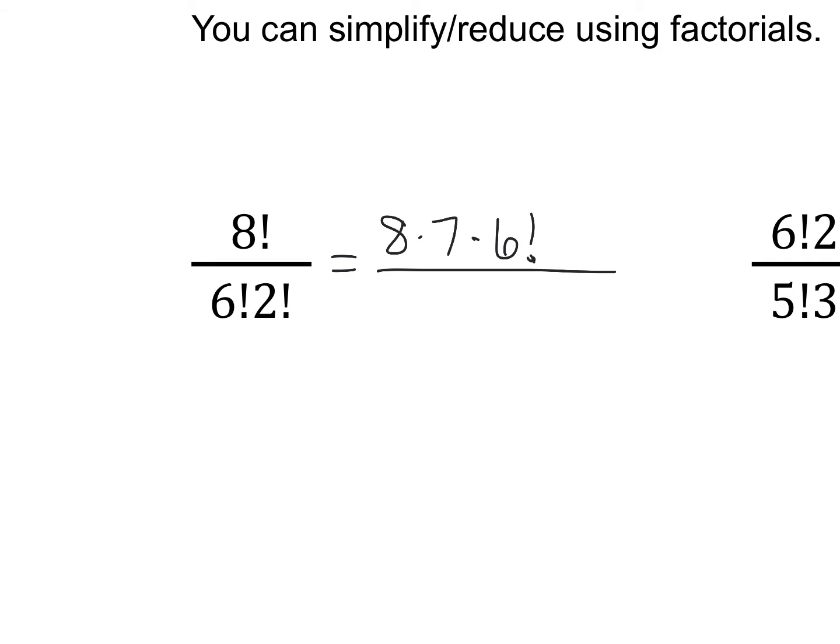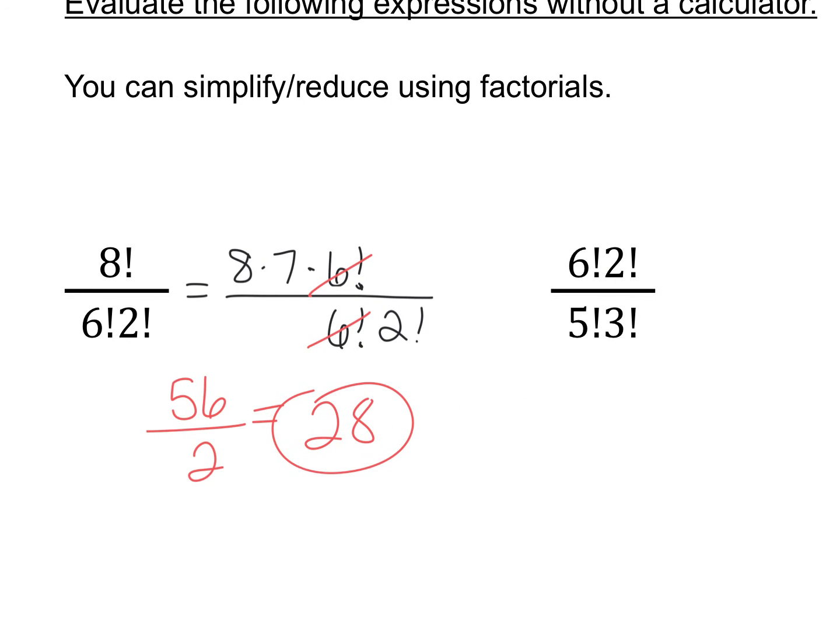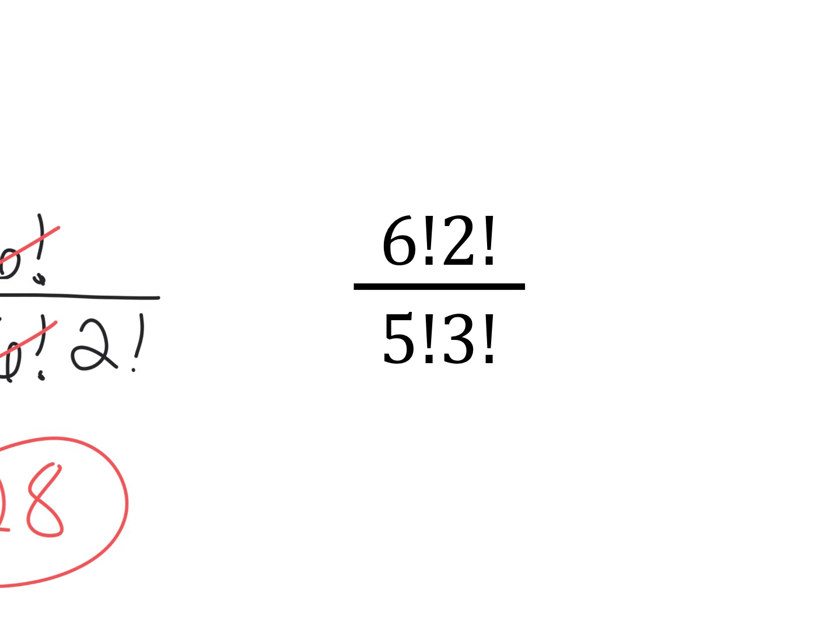And then in our denominator, 6 factorial times 2 factorial, our 6 factorials will cancel. 8 times 7 is 56. 2 factorial is just 2, so 56 divided by 2 is 28. Okay, same idea over here. We just got a couple more factorials.